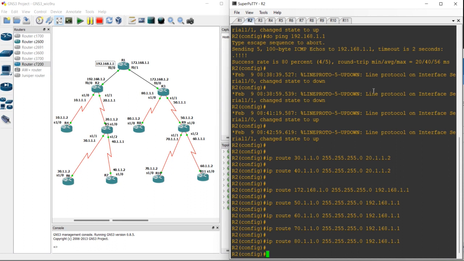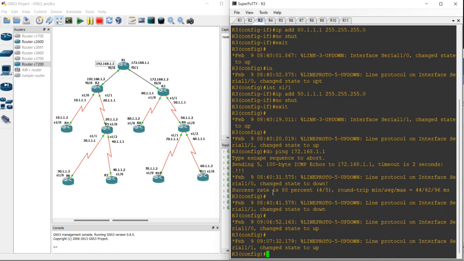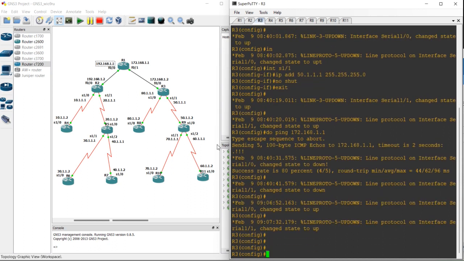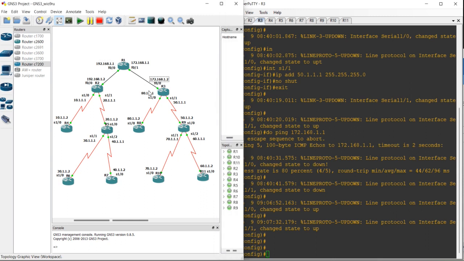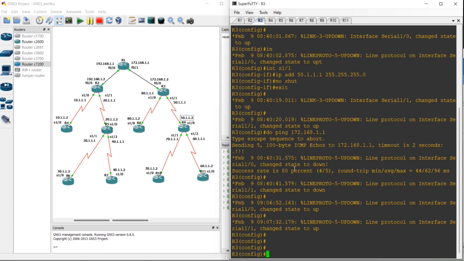Done. Now on router 3. Router 3 is directly connected with three networks: 172, 80 and 50. These are the same networks. The different networks on this side are 70 and 60. For these networks, the exit IP is 50.1.1.2 on router 3.